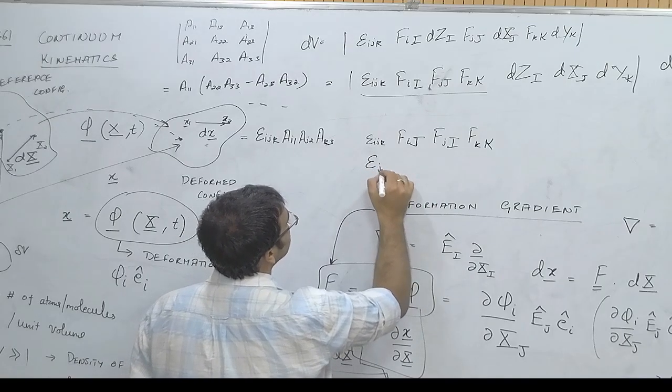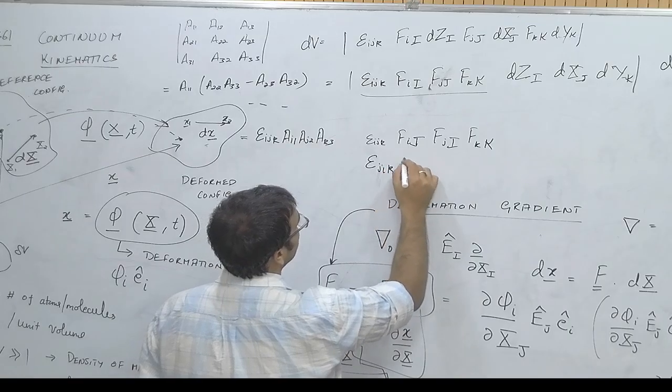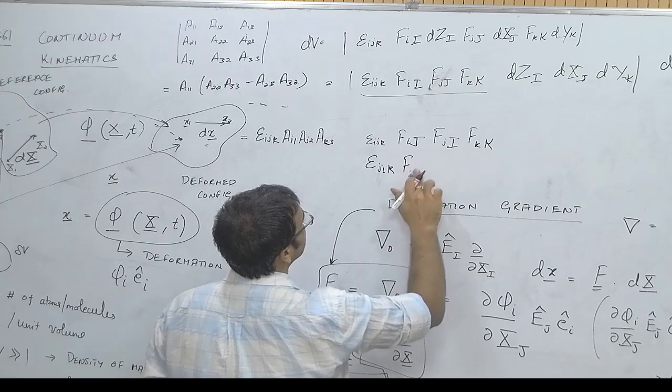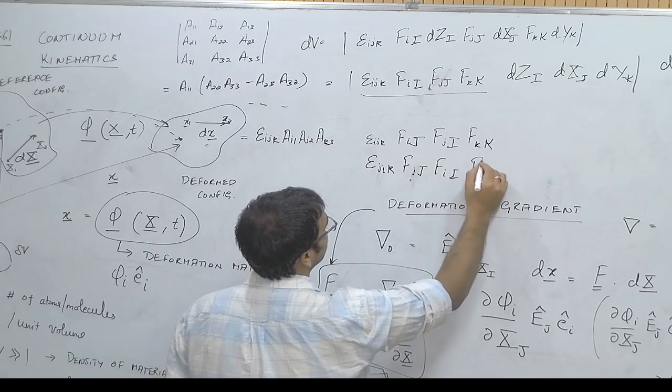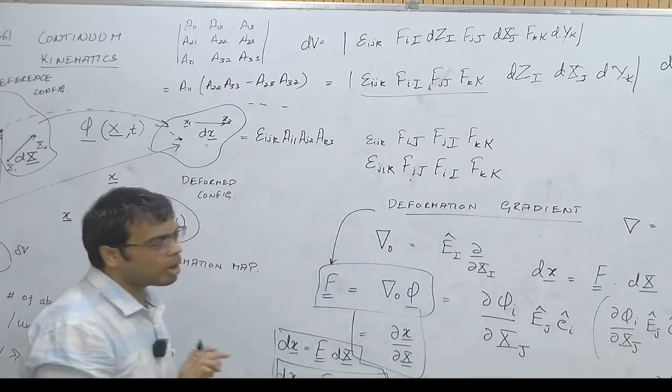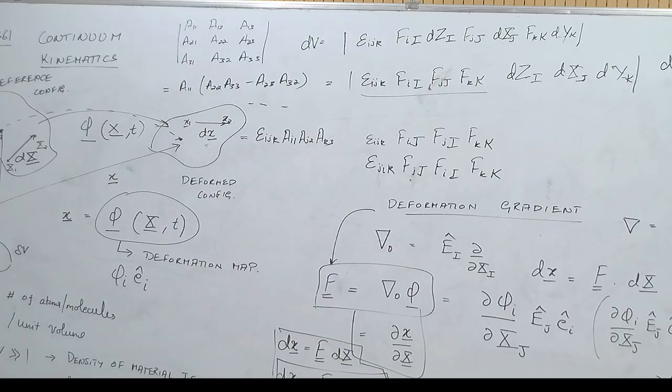So this is going to be epsilon jik f_jJ f_iI f_kK. This swapping of indices is something that I can do because these are dummy indices.